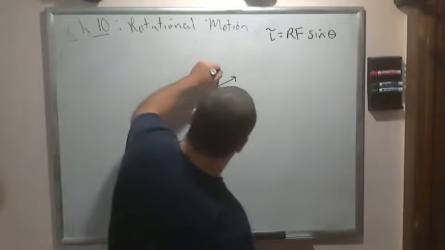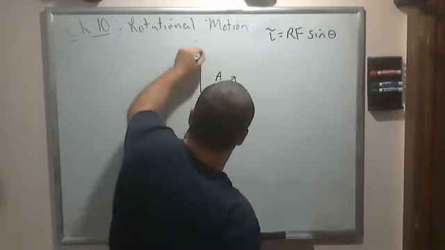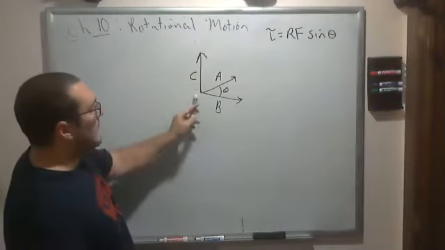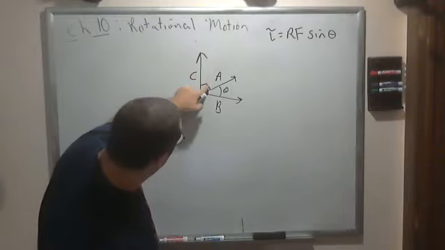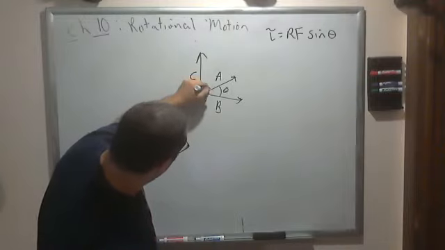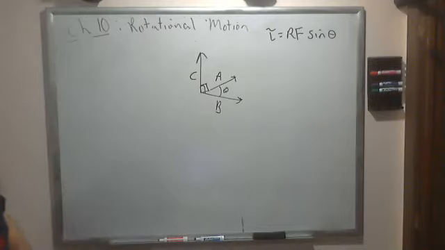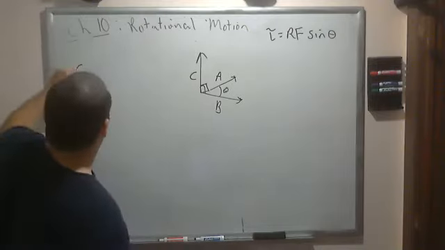So let's say I have vector A and vector B, and I ask you to find vector C. Now, if you look at C, it's perpendicular to both A and B, and the vector cross product calculates this.